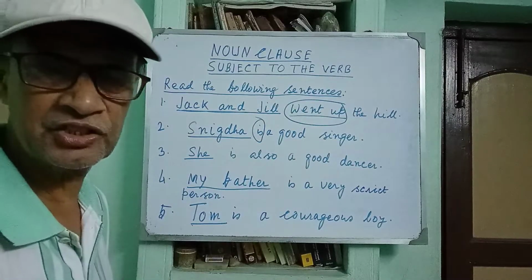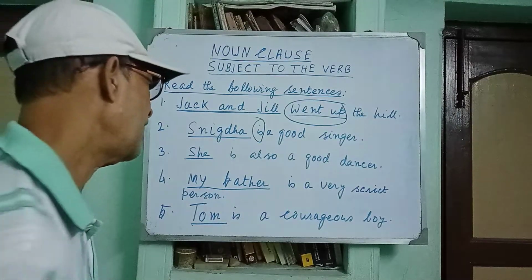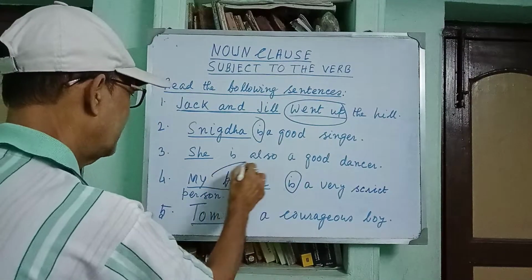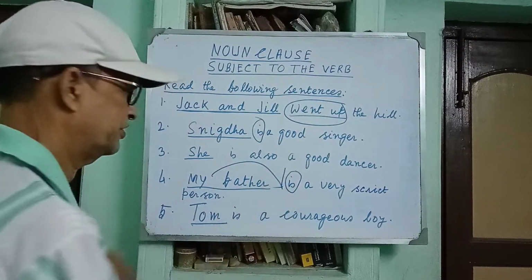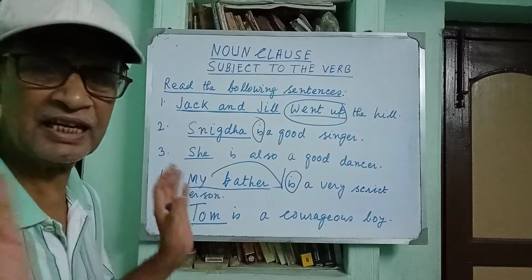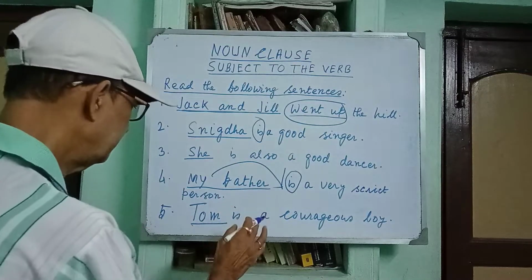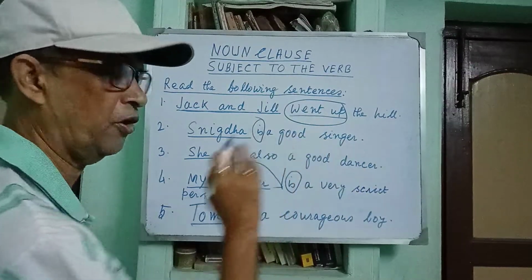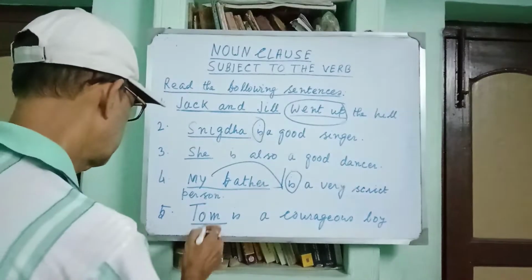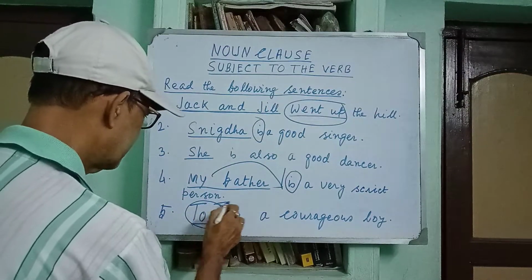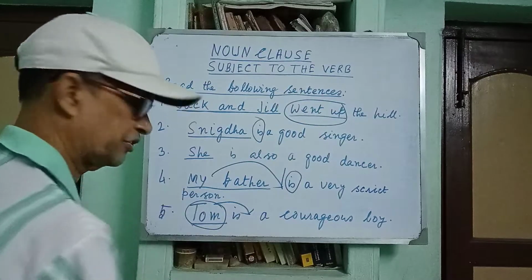So my father is noun and is is the verb, and my father is subject to the verb is. All these are single words. Tom is a courageous boy. Tom is noun and it is subject to the verb is.